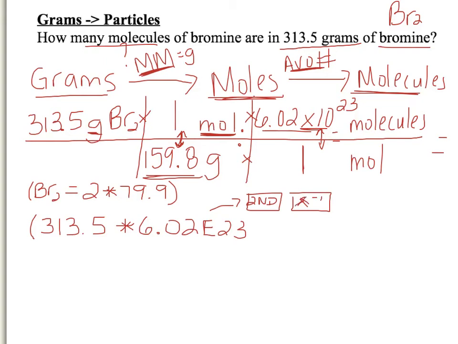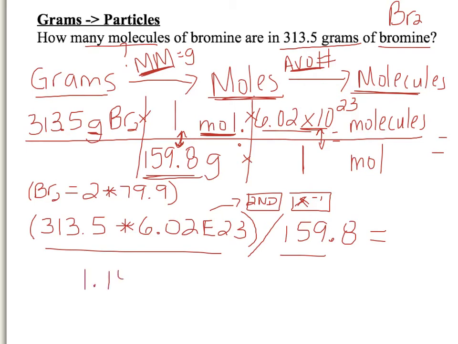That looks pretty crappy, sorry. So that's how you get your E. So we're going to multiply all of those across the top. So 313.5 times 6.02 e to the 23rd. Divided by the number that's on the bottom is 159.8. I'm not going to multiply that with the 1 because it's not going to change anything. So see, we multiplied everything across the top, and then top divided by bottom. You type that in your calculator, you're going to get a really long number like this.